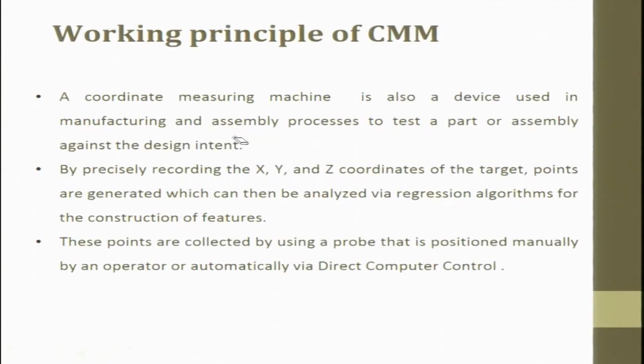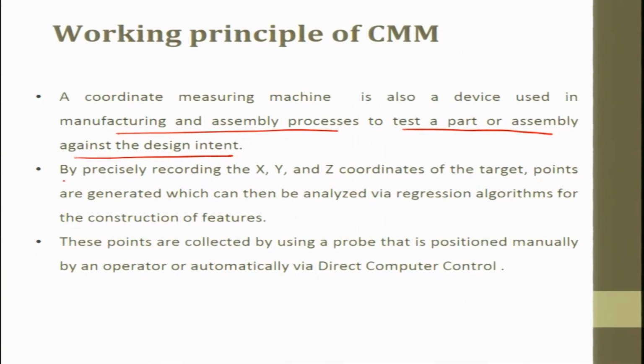Now, the working principle of CMM. A coordinate measuring machine is a device used in manufacturing and assembly processes to test a part or assembly against the design intent. What is our design intent? Against that we test whether our part or assembly meets it or not.